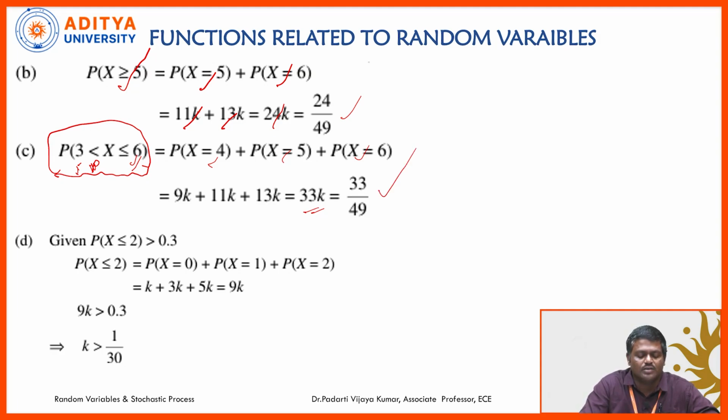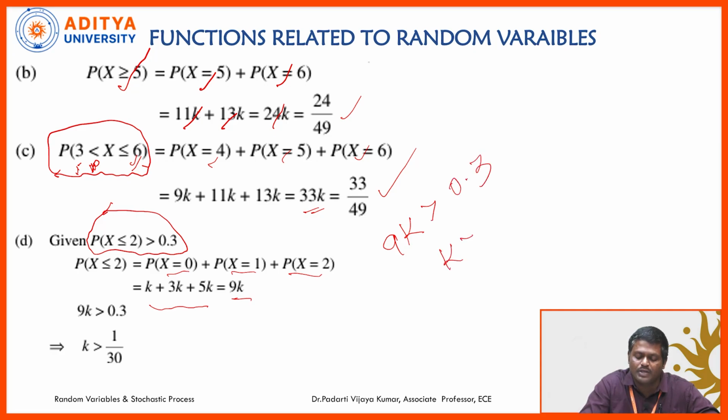Next, they are asking us to compute the minimum value of k to satisfy this condition: probability of x less than or equal to 2 must be equal to 0.3. As per the problem, probability of x less than or equal to 2 is x equal to 0, x equal to 1, x equal to 2, k plus 3k plus 5k, which is equal to 9k. As per the given requirement, 9k should be greater than 0.3.